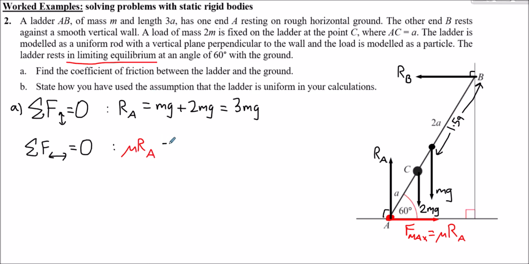We now know, though, this is mu times 3mg, because we calculated that RA was 3mg here. So that's the force going to the right. The only force going to the left is just the reaction from the wall, the reaction from B.